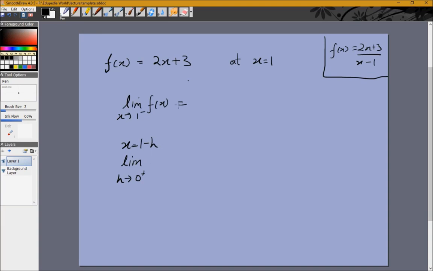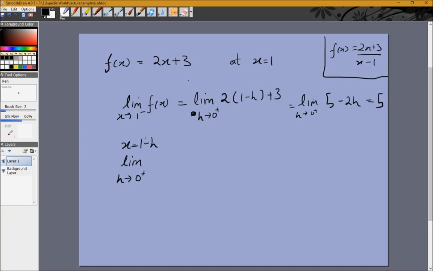So the limit of f(x) is the same as the limit as h goes to 0 plus of 2 times (1 minus h) plus 3, which is the limit as h goes to 0 plus of 5 minus 2h, which is equal to 5 because h goes to 0, so 2h goes to 0.